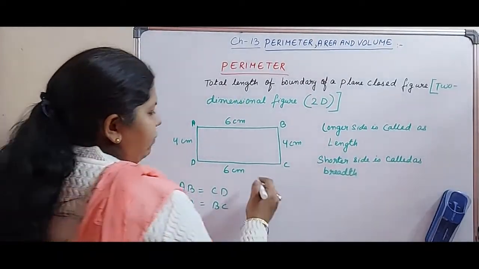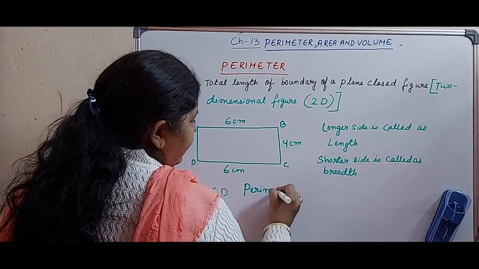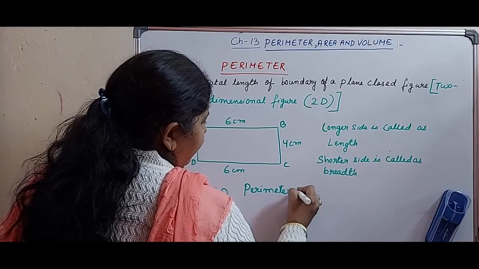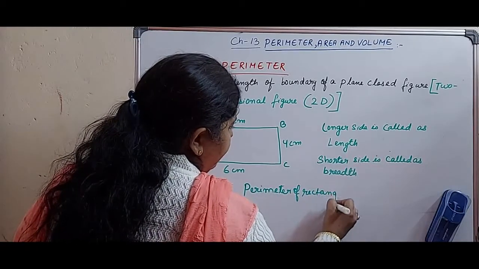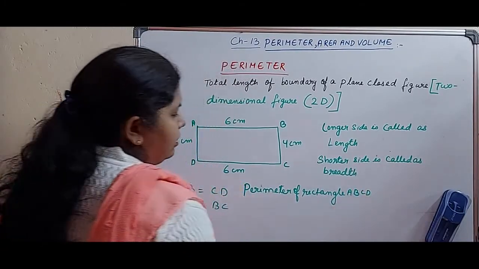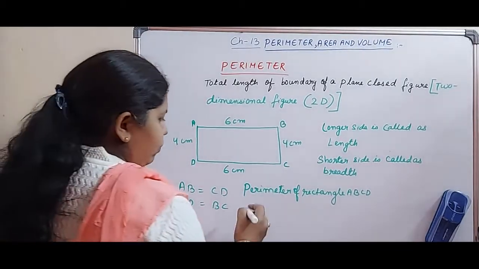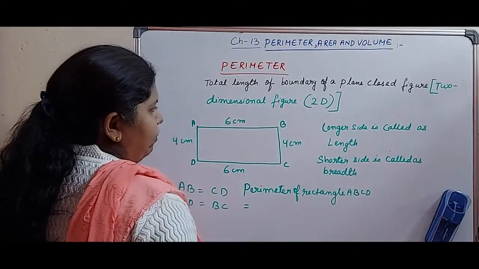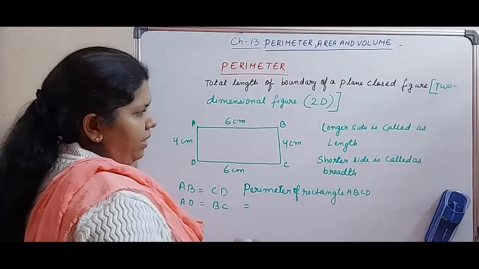So if I have to take out the perimeter of this rectangle ABCD, what do I have to do? I have to add the two lengths and the two breadths.